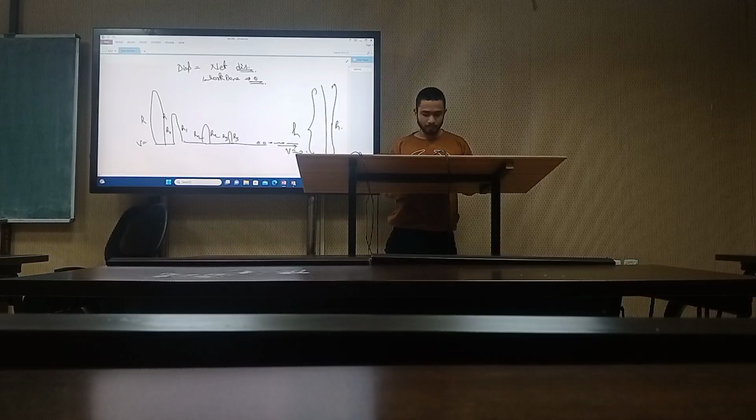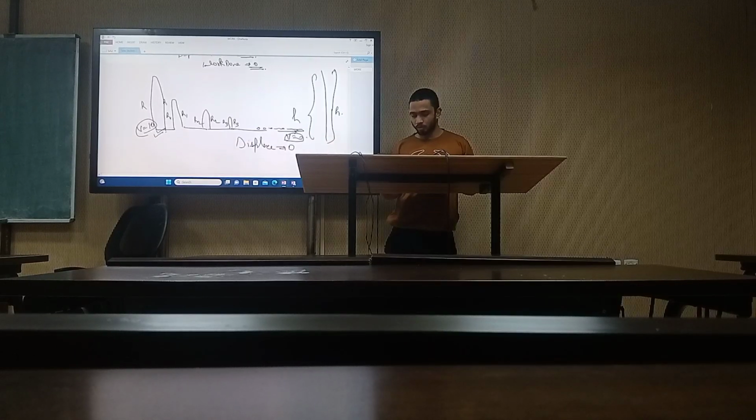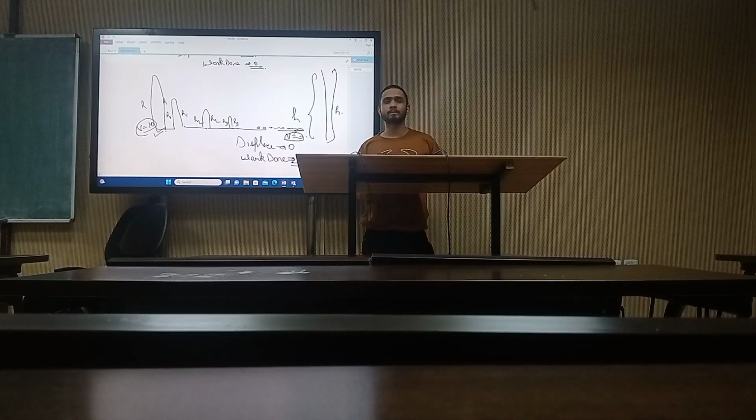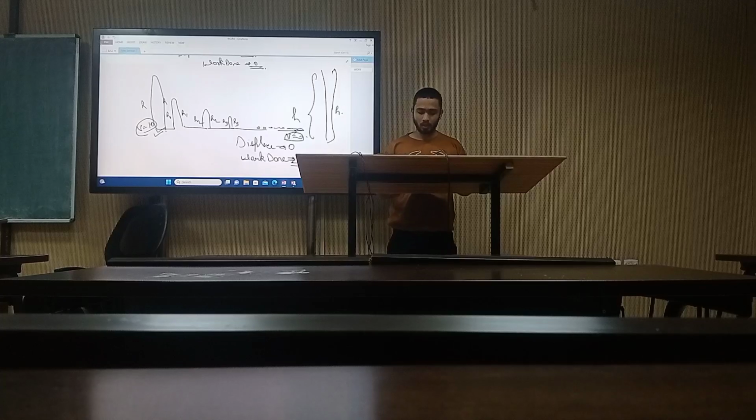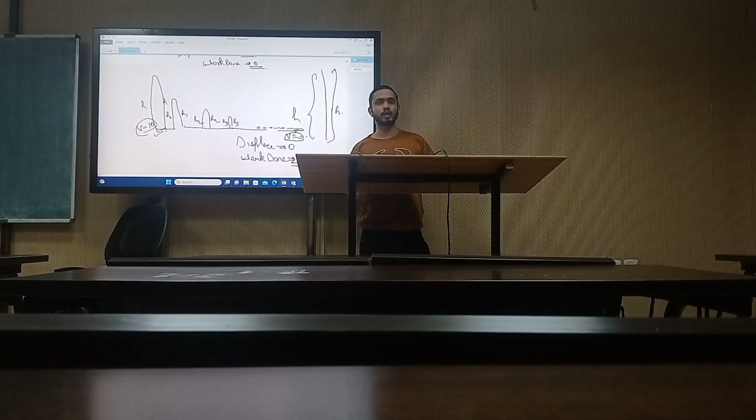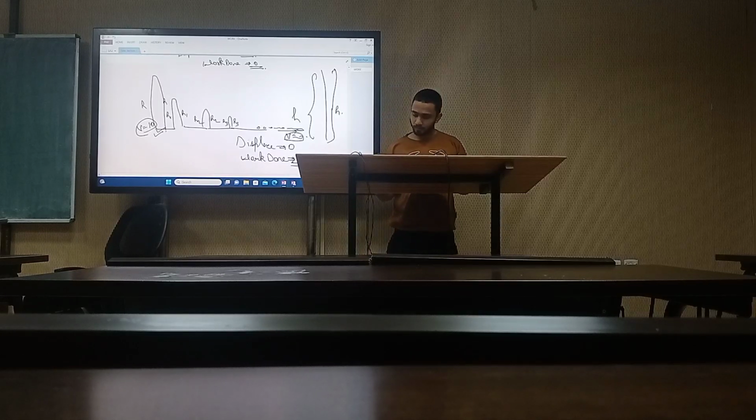Some velocity is there, suppose 10 meters per second, and now it's 0. It has finally come back to the ground where it started. So the net displacement is 0, and the work done is 0 only. No work is done in this case, because the ball has come to the same place.